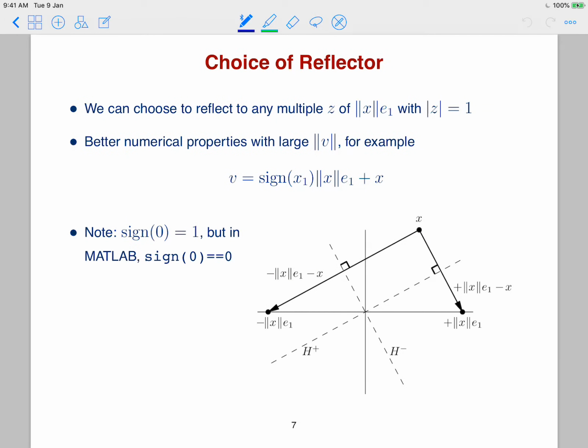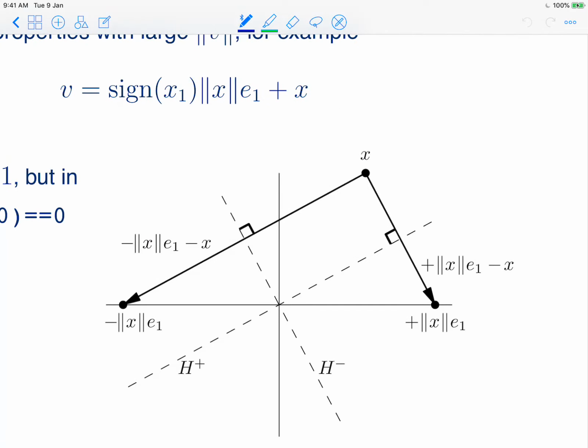And now, let me briefly discuss the choice of reflector. If we have, maybe, 1 and 2 as our original vector, and we thought of the reflection vector on the first axis as this form, so 1, 0, and the square root of 1 squared plus 2 squared, right? But what about another choice?